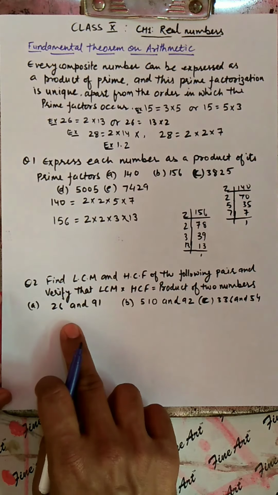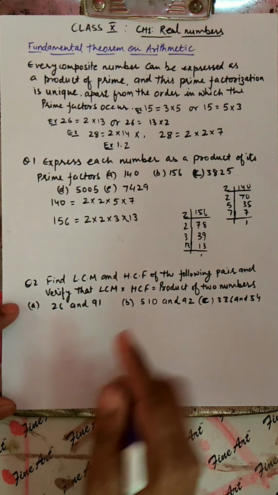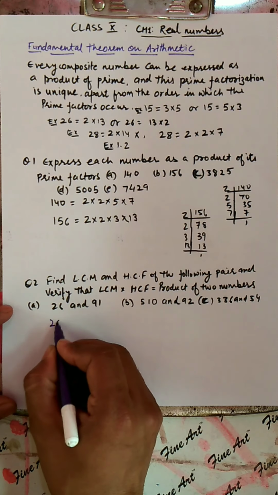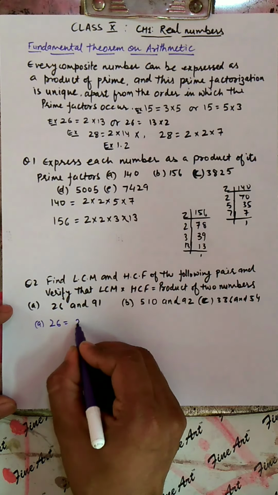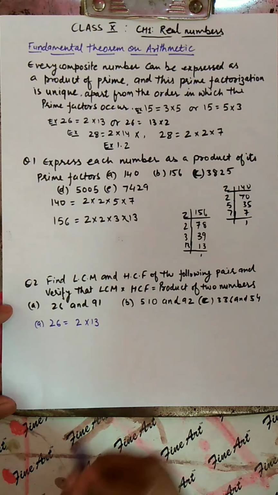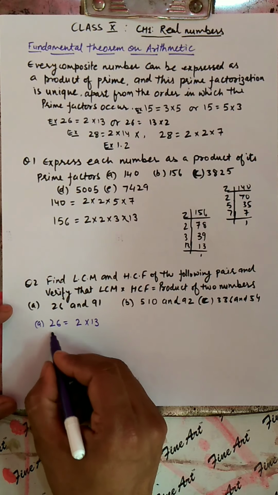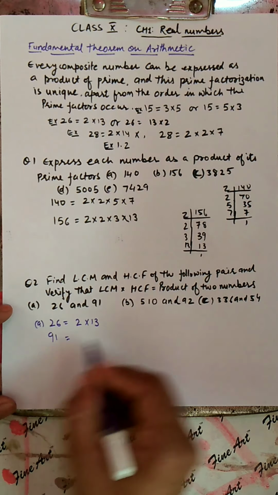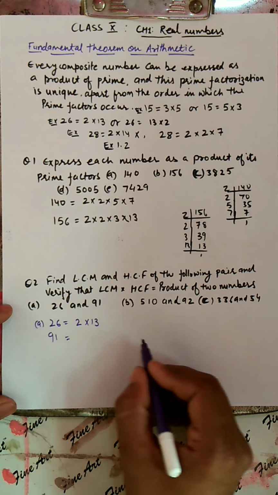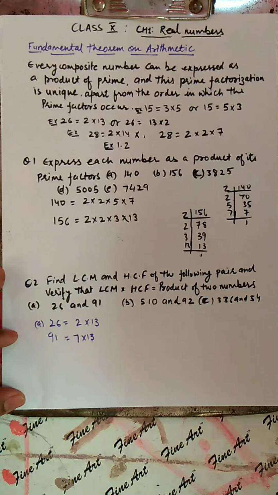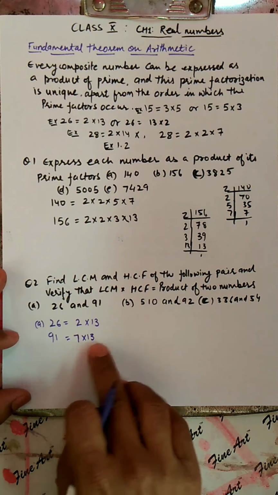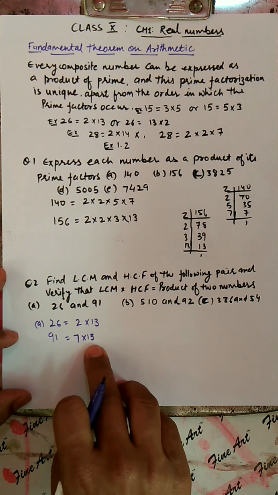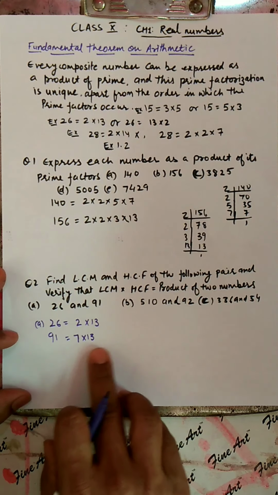The first part is 26 and 91. For 26, first make the prime factorization. 26 can be written as 2 into 13, and 91 can be written as 7 into 13. 7 is prime, 13 is prime, so this is the prime factorization.